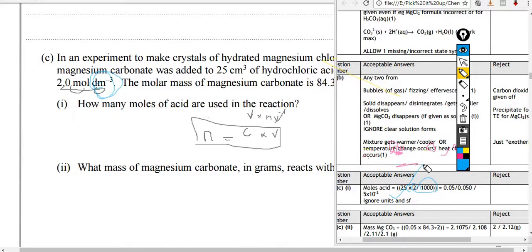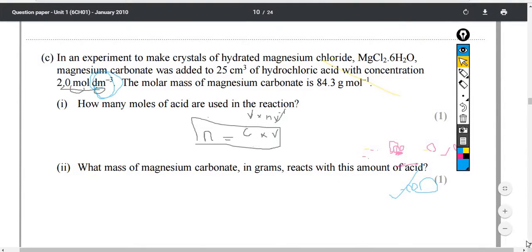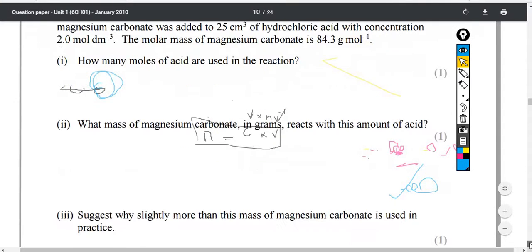So that's the number of moles, which would be equal to 5 into 10 to the minus 2, or 0.05. Whatever you write there, you should get the full marks. We move on to the next question.